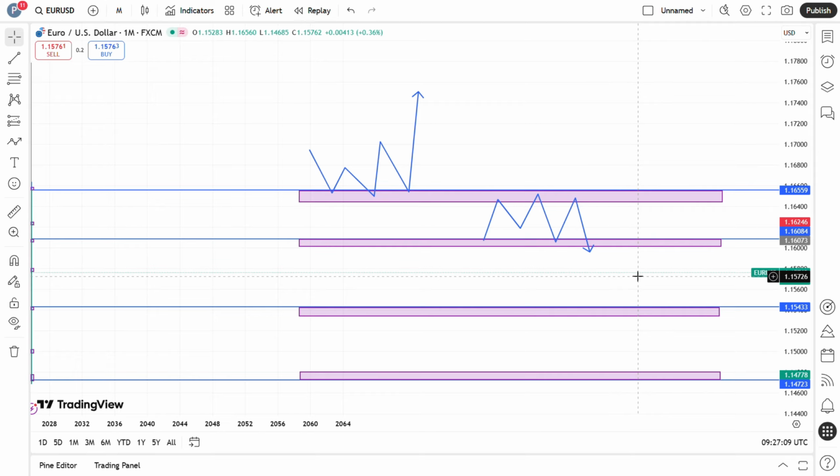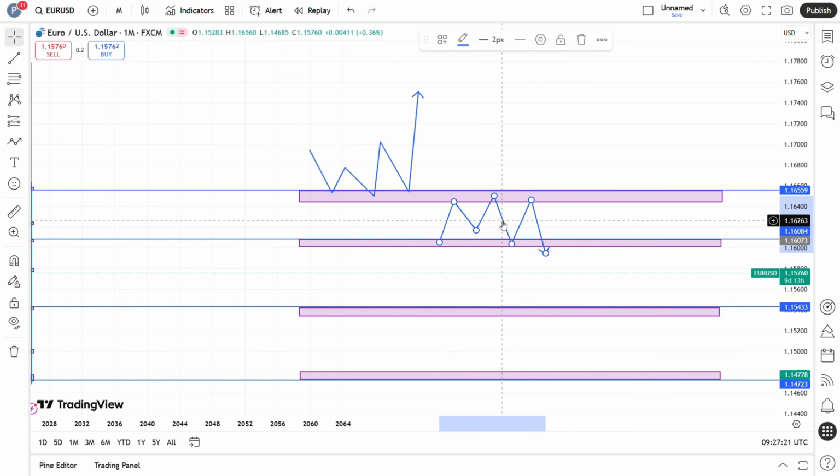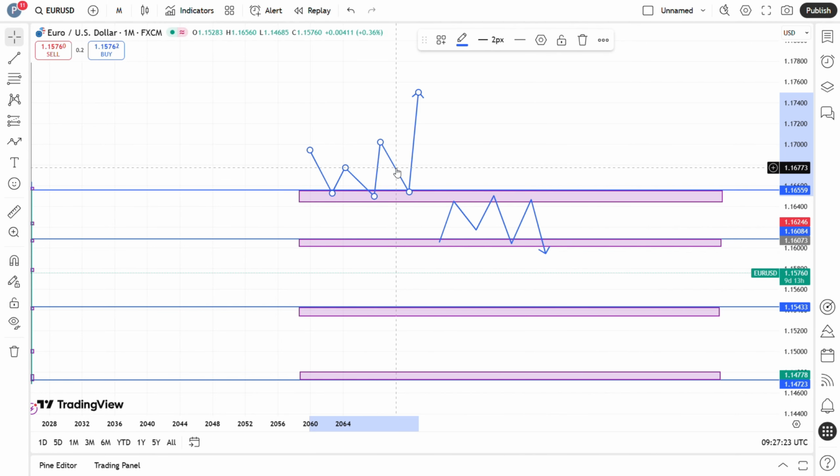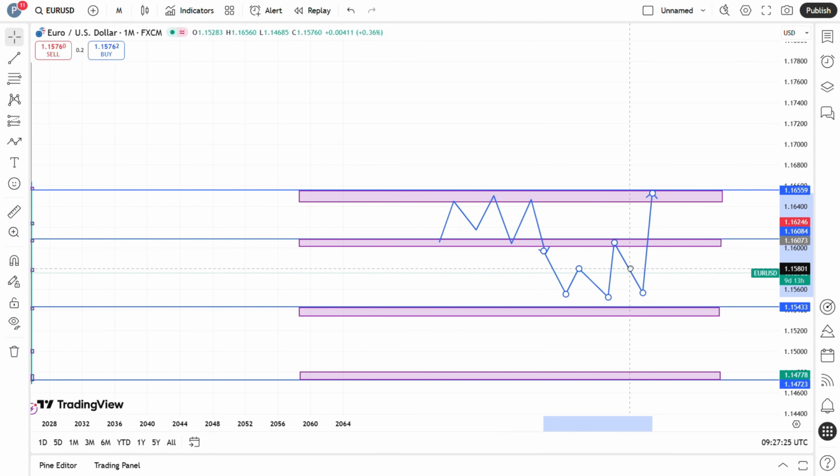So when it comes to support and resistance, a support level can turn into a resistance, and a resistance level can turn into a support level. What do I mean by that? As you can see over here, the market created a triple top, and then it broke below. It came back to be a resistance, as you can see. Now support has turned into a resistance in this scenario.